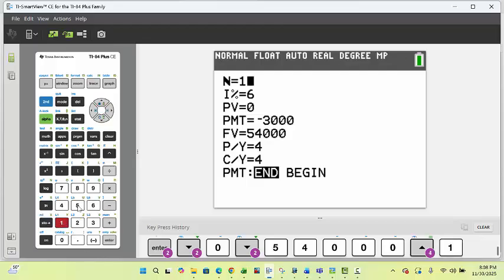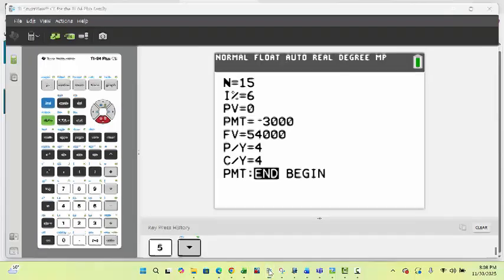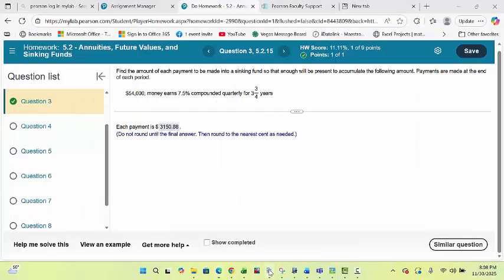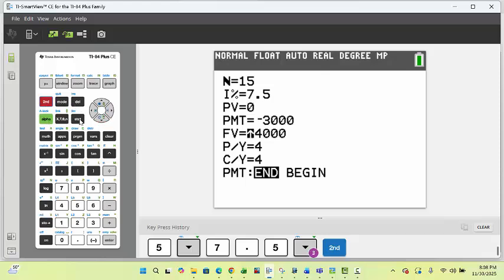So this was 15 payments. We already established that. Interest rate was 7.5. I said 0.0, but I don't have to enter it as 0.0 here. I guess I could if I want to, I'll just put the negative symbol in there. So 4 times a year is correct. End is correct because it's ordinary annuity.